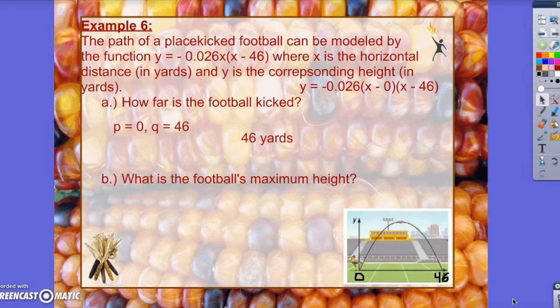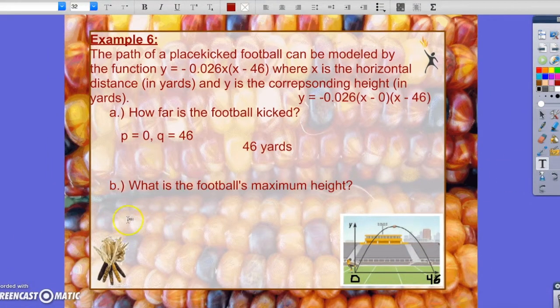Now the B, what is the football's maximum height? We know it's a maximum because let's take a look. My A is negative 0.026. Negative means it opens down, so my highest point is at the maximum, the vertex. So simply what we're going to do from here is use our formula to find the vertex and find the y to it. Well, we know to find the vertex, we need to find x first.